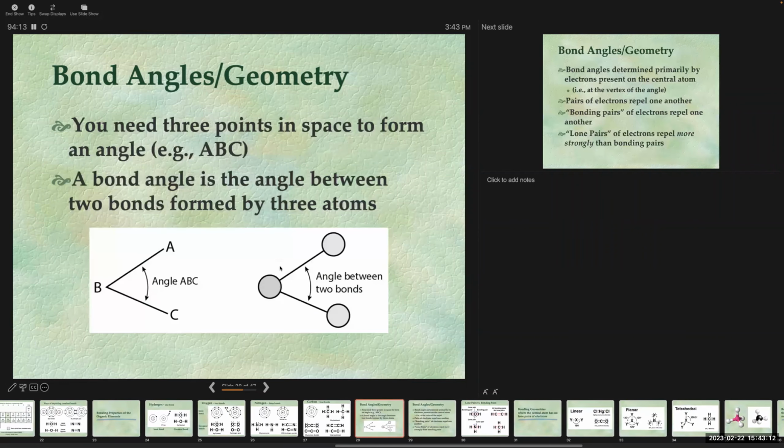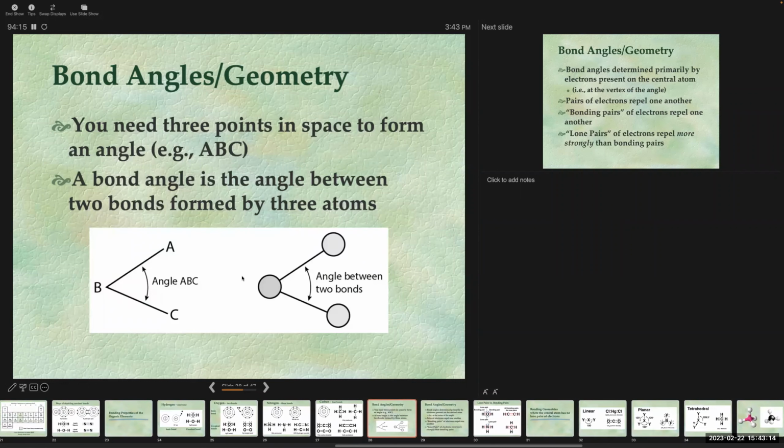So going back here, the one that's shaded in a little bit darker at the vertex, so this would be atom B in this case. The arrangement of electrons around that central atom that sits right at the corner of the bond, that's critical to determining the angle between these bonds. The electrons around the other atoms out at the ends of the bonds, those don't matter nearly as much. It's the electrons on that central atom that really dictate the bond angle.